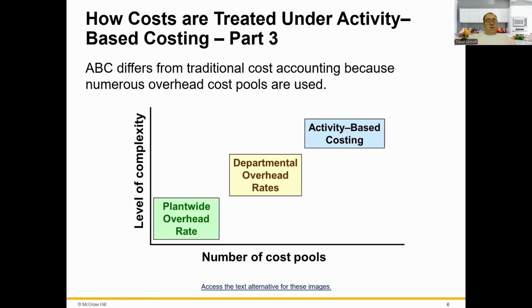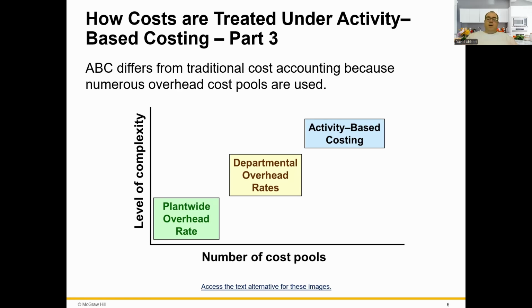All right. Numerous overhead cost pools are used, each of which is allocated to products and other cost objects using their own unique measure of activity. ABC cost pools are created to correspond to the activities performed in an organization that cause the consumption of overhead resources.